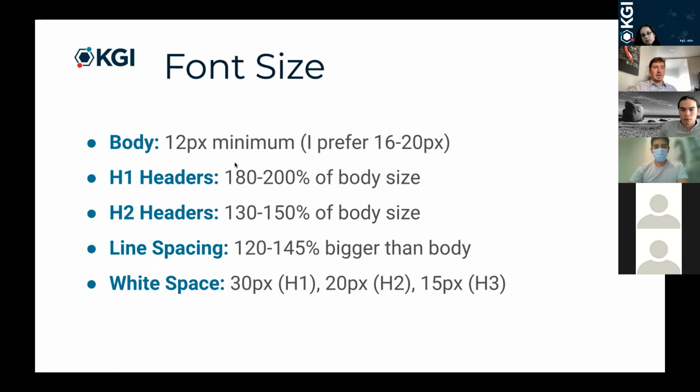Here are some guidelines for font size. So try to make sure that your body is at minimum 12 pixels. And then your header should be about twice as big as your body. H2 headers, sort of like your subheaders, could be about 150 percent. And then just follow these rules in general.